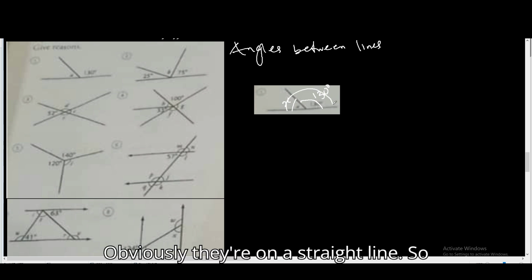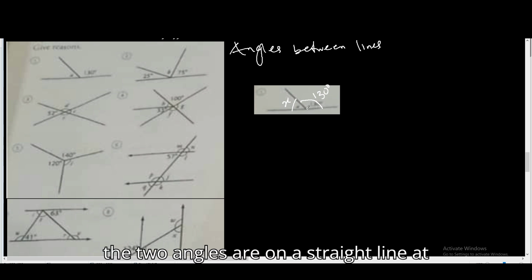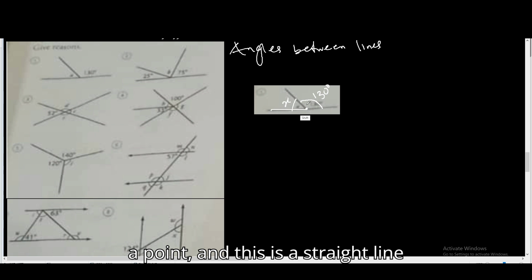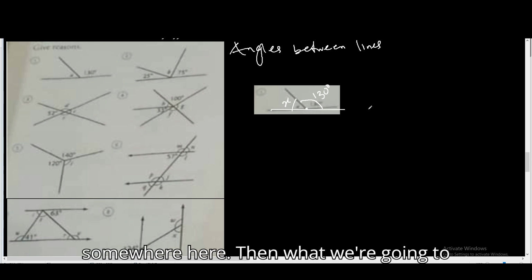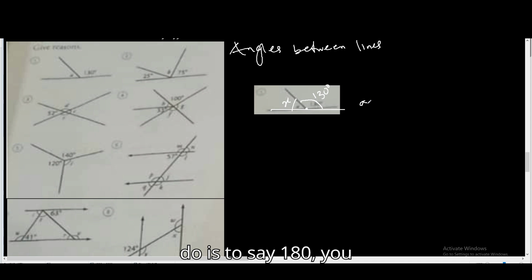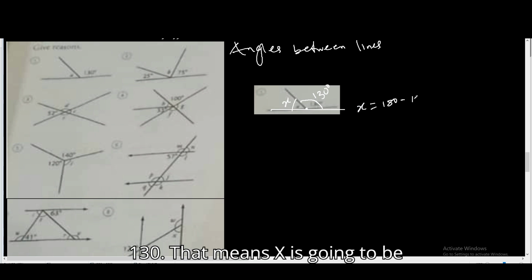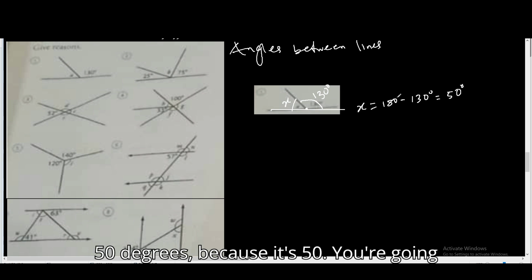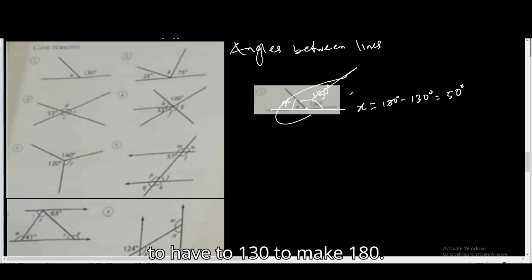Obviously, they're on a straight line. So the two angles are on a straight line at a point, and this is a straight line somewhere here. Then what we're going to do is to say 180, x equal to 180 minus 130. That means x is going to be 50 degrees because it's 50. You're going to add to 130 to make 180.